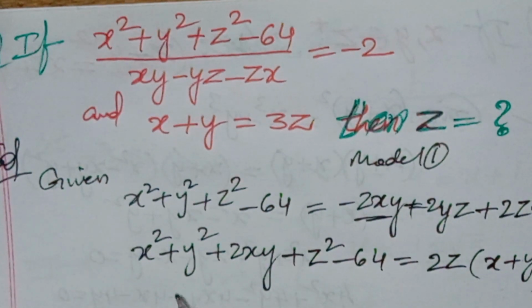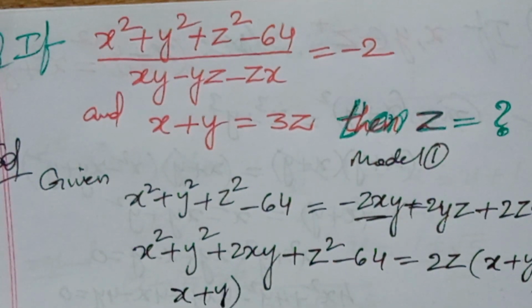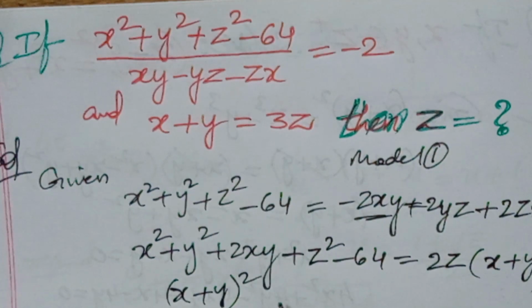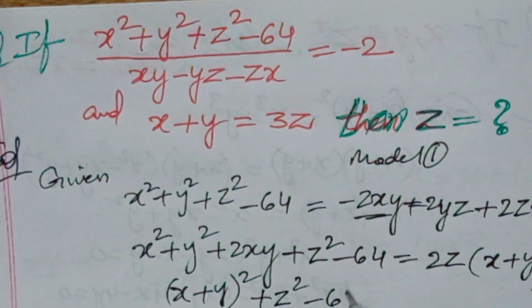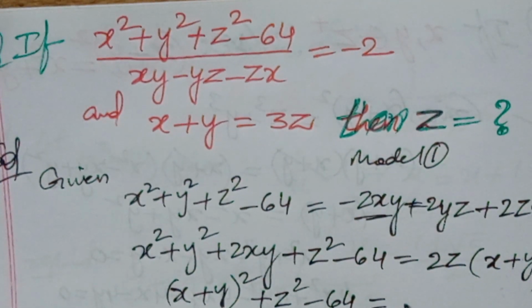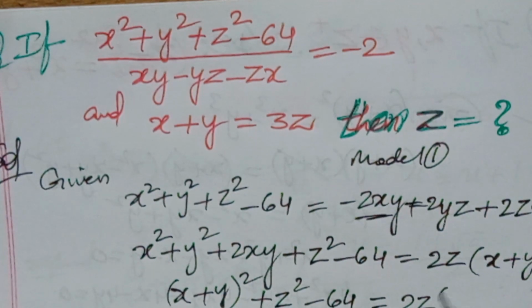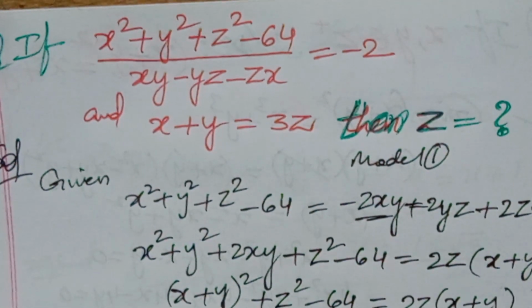So you can write it as (x + y)² + z² − 64 = 2z(x + y).